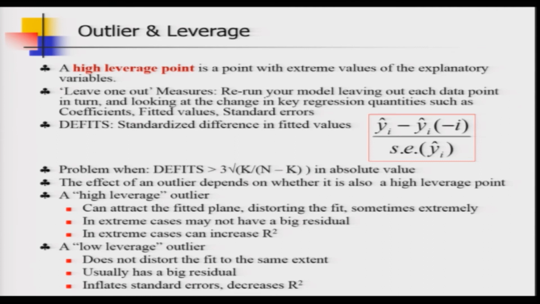Here I am going to focus on one particular measure, and I am going to explain this leave one out principle. Basically, you have to rerun your regression model several times. Suppose you have capital N number of observations, and you are interested in finding the leverage of the small nth observation.